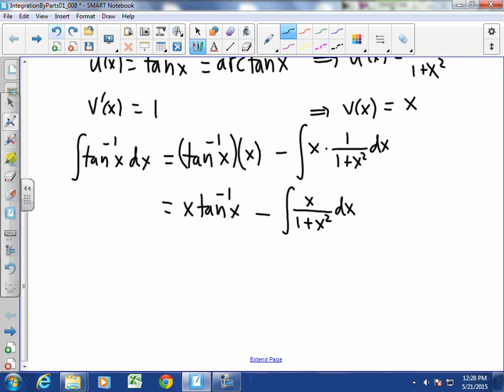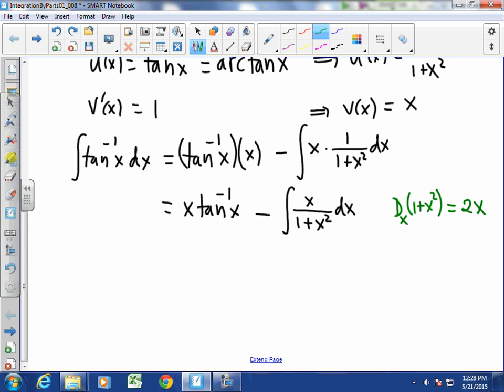Now, the basic rule of integration: if we look carefully at the integral to the right, we see that if you take the derivative of 1 plus x squared, that should give you 2x, meaning that the numerator is a constant multiple of the derivative of the denominator.